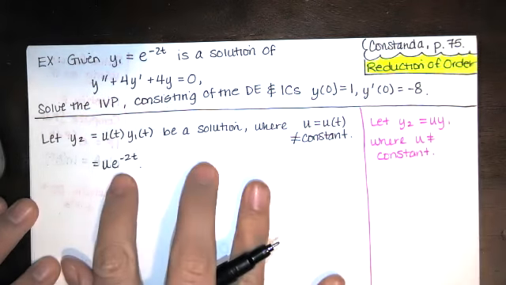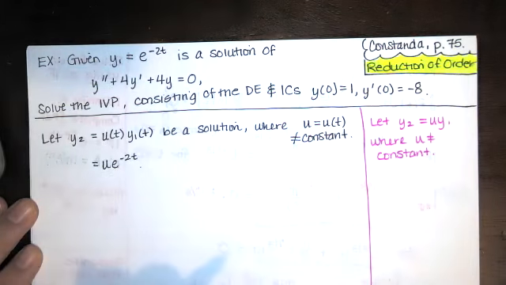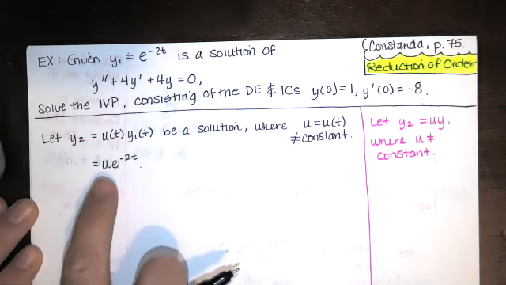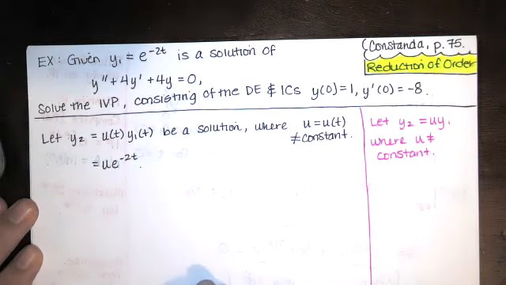Okay, now we're assuming that this is a solution to the differential equation. So if it's a solution, it should satisfy that differential equation. So we'll take the derivative of this twice and substitute that in, and that will give us an equation that must be satisfied by u if y sub 2 is a solution.